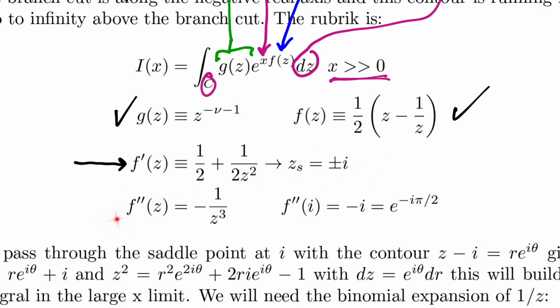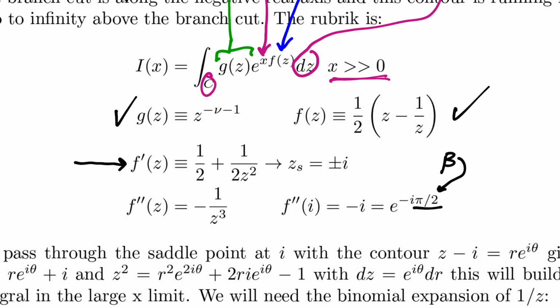And then the second derivative of f is pretty straightforward. It is minus 1 over z cubed. And if we evaluate that at a saddle point, at the saddle point i, for example, we end up with minus i, which is e to the minus i pi over 2. So right away we see that this is the beta.